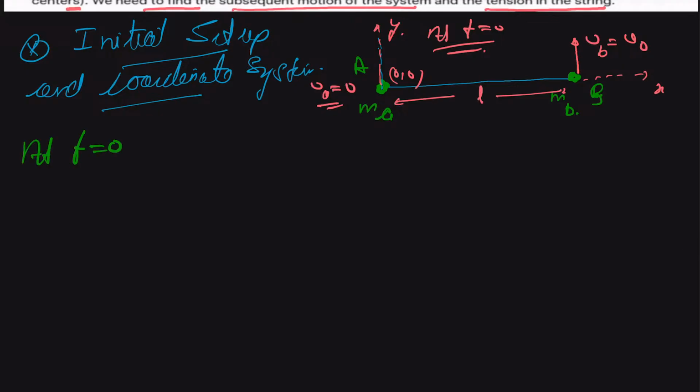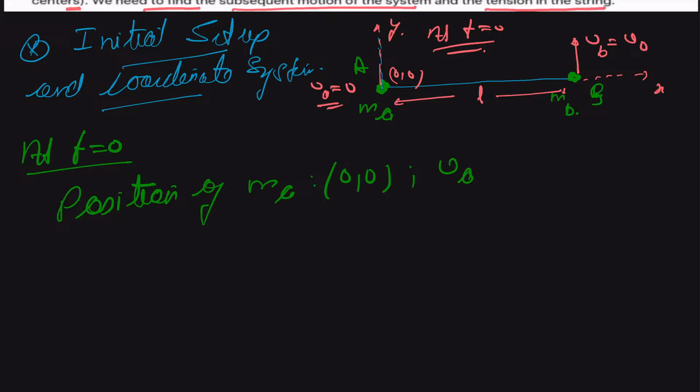So at t equal to 0, the position of mass A is the origin 0, 0, and its velocity VA is 0, so therefore it is also 0, 0.